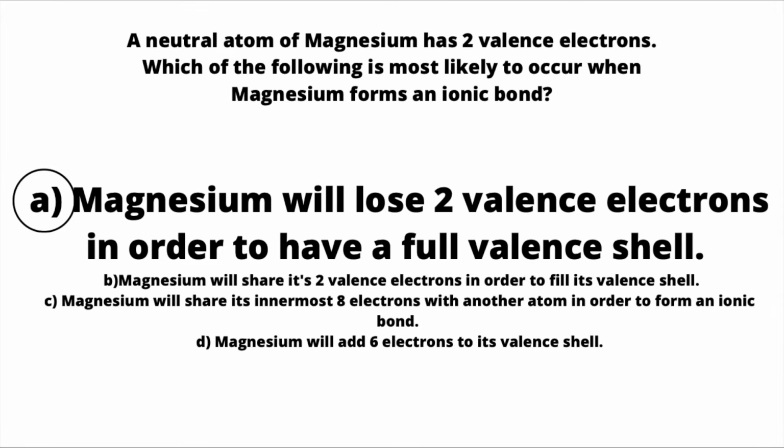Our answer here is A. Magnesium will lose 2 valence electrons in order to have a full valence shell.